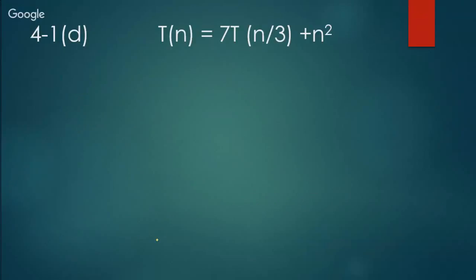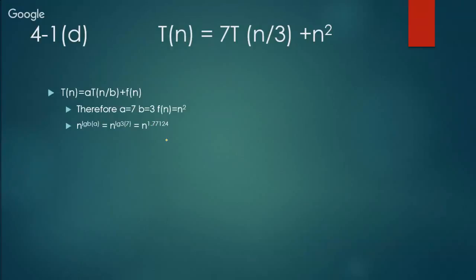Then we go to another recurrence equation: T(n) = 7T(n/3) + n^2. Our a is 7, our b is 3, our f(n) is n^2. Therefore, if we plug into the equation n^(log base b of a), we find this result.